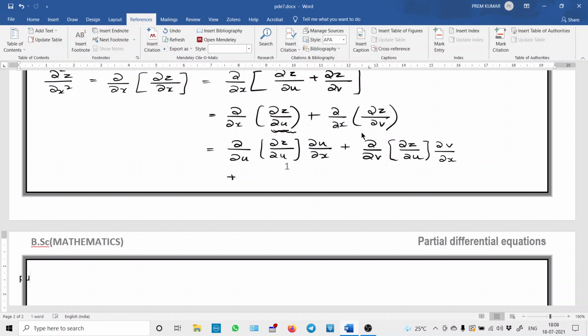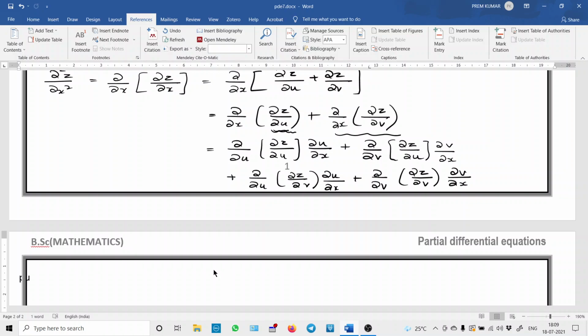This is expressed as ∂/∂u of ∂z/∂v, then this u is differentiated with respect to x, plus, then you differentiate with respect to v, ∂z/∂v into ∂v/∂x.